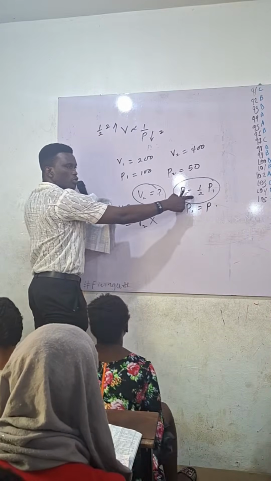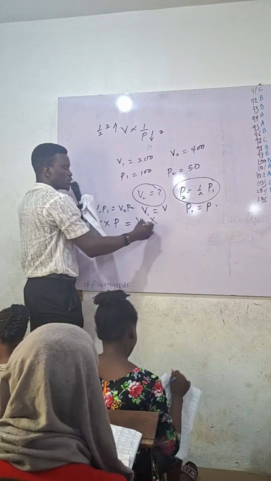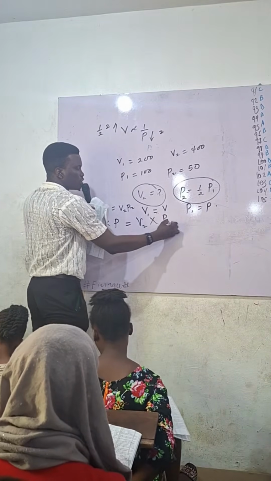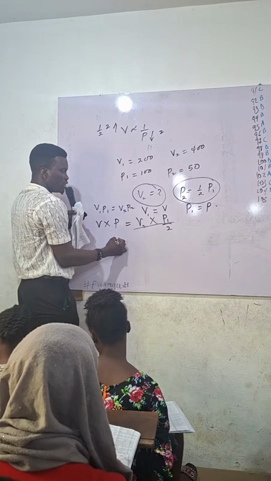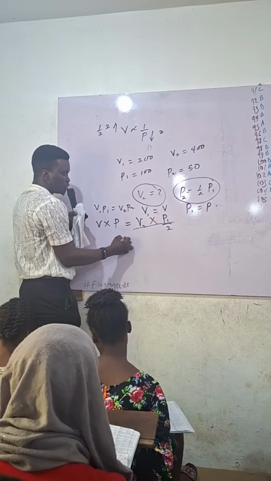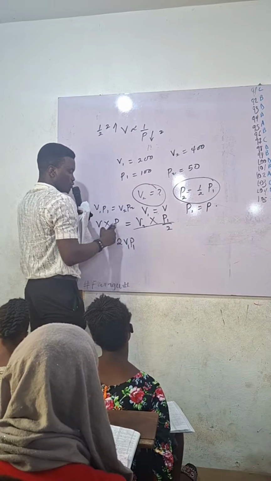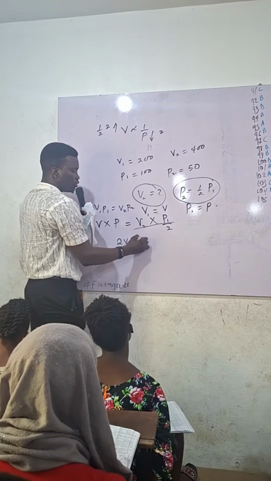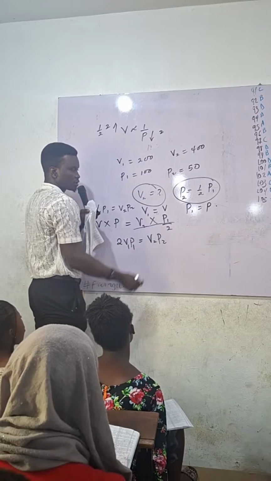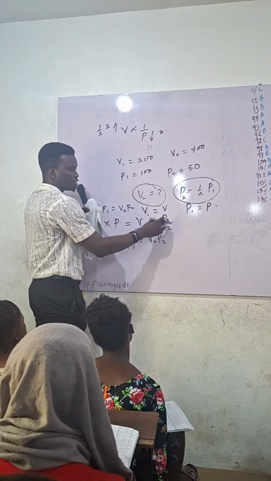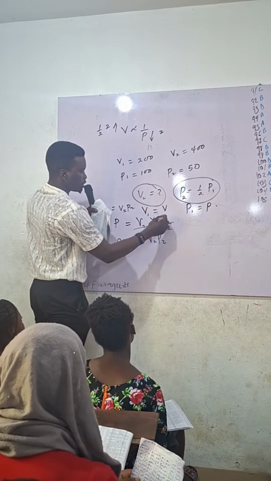Then your P2 is half of P1, that's P1 over 2, right? So if you cross multiply, this is going to be 2V1 P1. You remember V1 P1 will be equal to V2 P2. So your P2 is that. Is that P2? Yes. Okay.